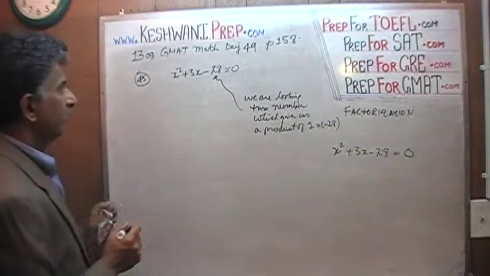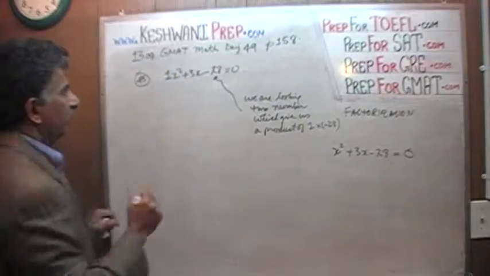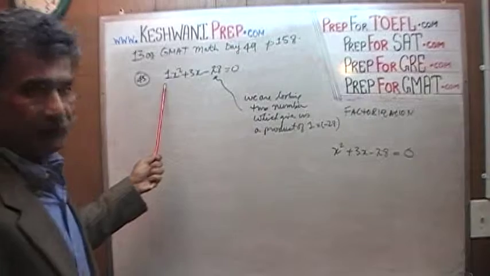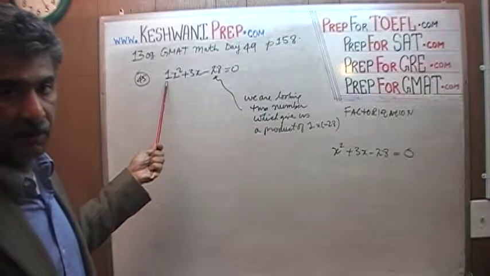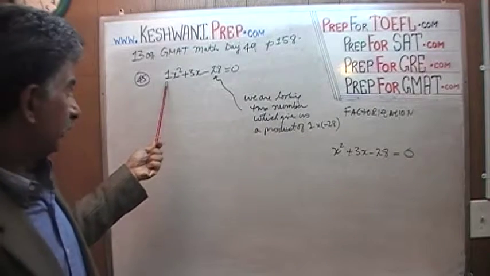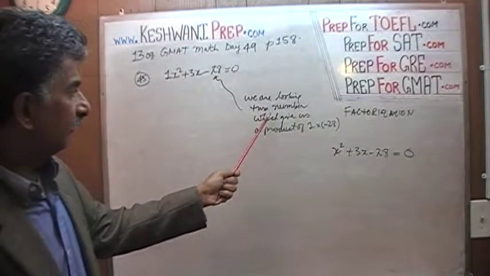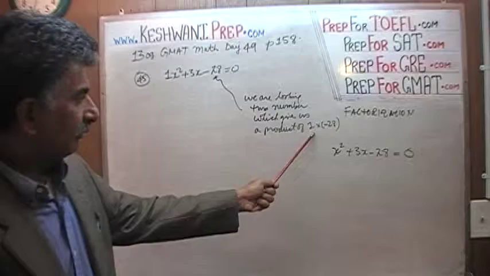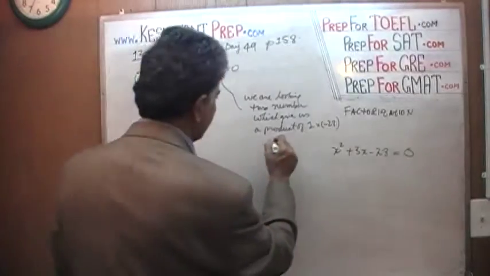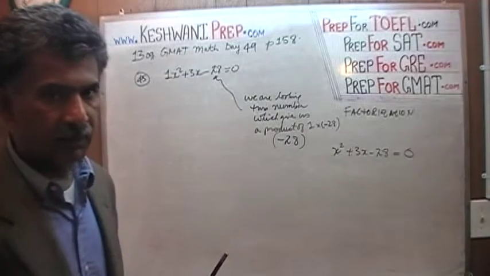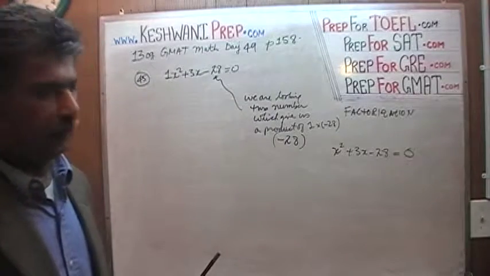Why 1 times negative 28? Because you have to take this into account. This has a coefficient of 1. Had there been a coefficient other than 1, it would have been 2 times 28 or 3 times 28, whatever it is. So we're looking for two numbers which give us the product of 1 times negative 28, which is the same as negative 28.